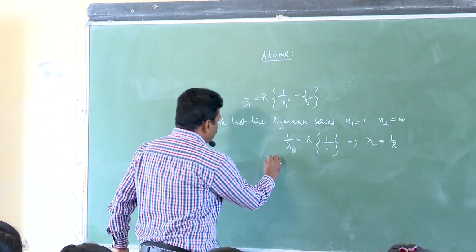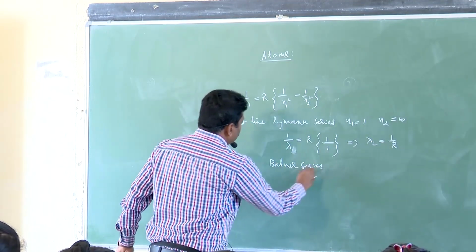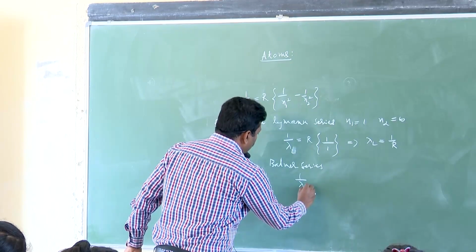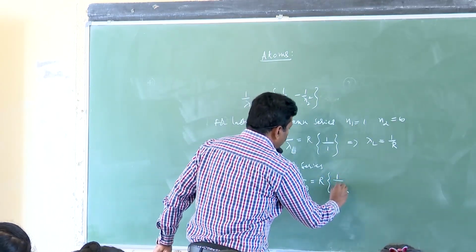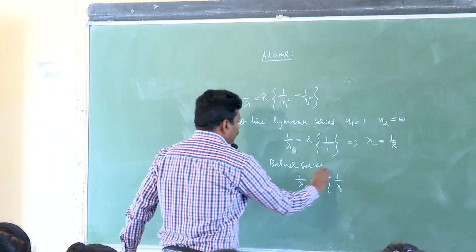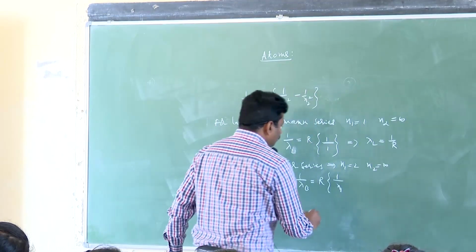Next, similarly for Balmer series, 1 by lambda is R, n1 is equal to 2, n2 is infinity.